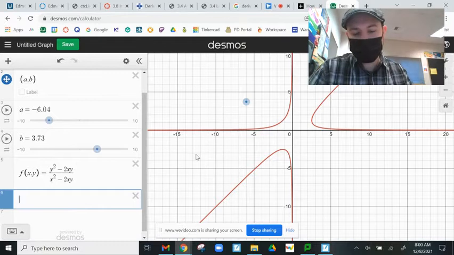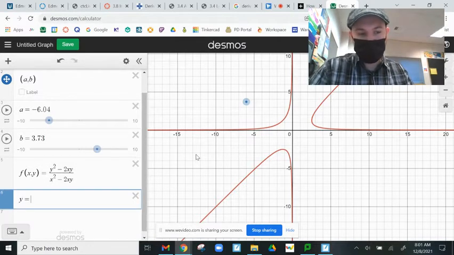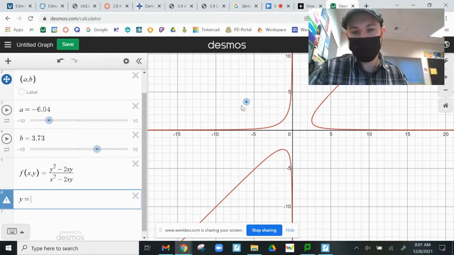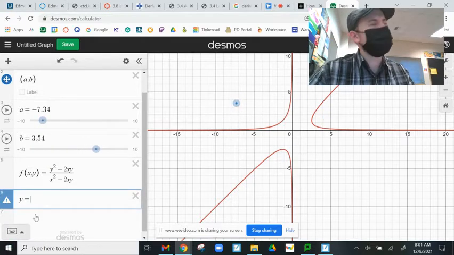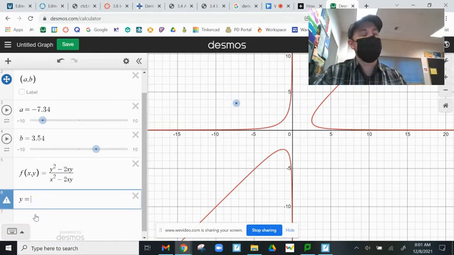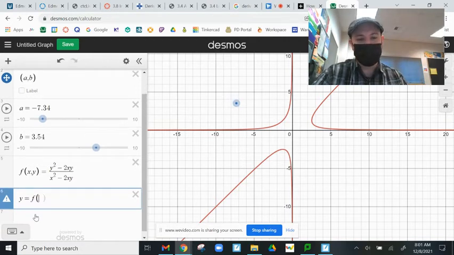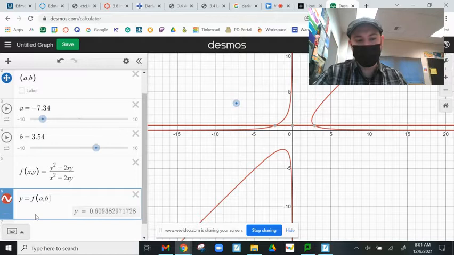What I can do instead is I can define a tangent line for this blue point as I move it freely along space. So let me see if I get this right. It would be the y value, which is f of a comma b. The derivative is the slope.